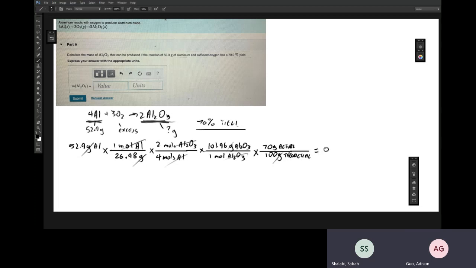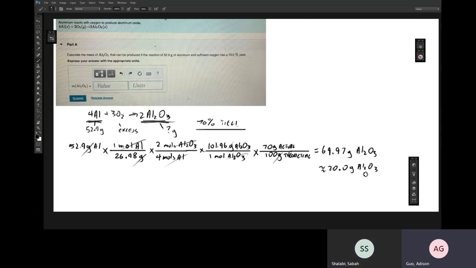Okay, so I got 69.97 grams of aluminum oxide. And then you have to do sig figs. Working with 3 sig figs, it'd be 70.0 grams.